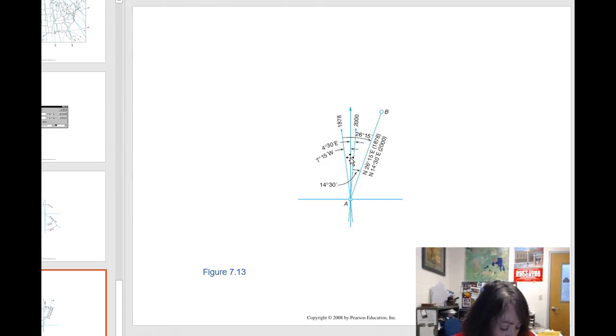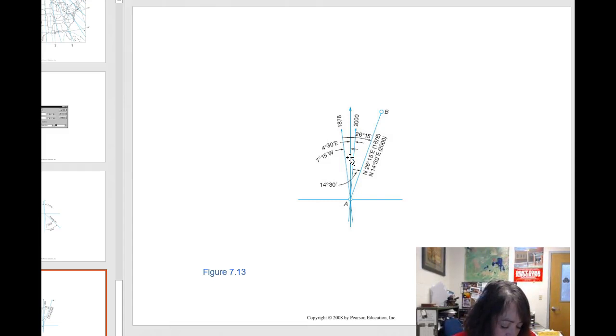Now, to find my magnetic bearing in the year 2000, I refer back to my picture again, and I see that my line AB is closer still to the magnetic North Pole in the year 2000. So in this case, I'm going to subtract off that number again.